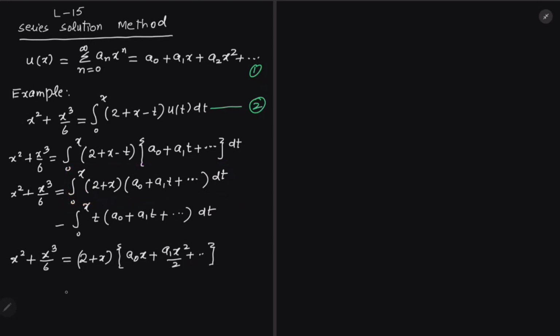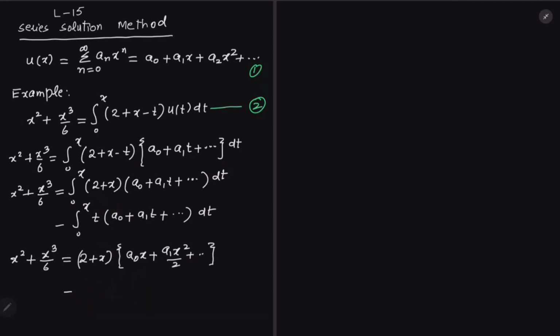Now we do minus the integral from 0 to x. Maybe I can just simplify it over here and integrate as well. So when we multiply t with a naught, we get a naught t, and we have a naught t squared by 2 from 0 to x.